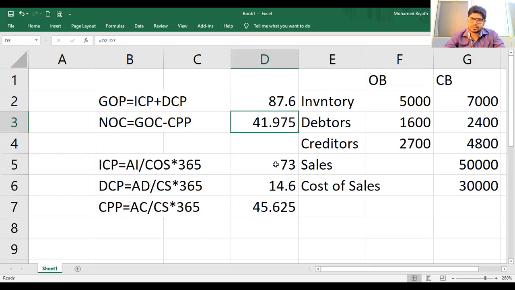Right. Now we will come one by one. What is the meaning of this 74? 74 days, what does it mean? Inventory conversion period. What does it mean?